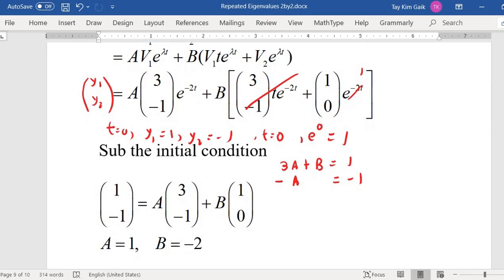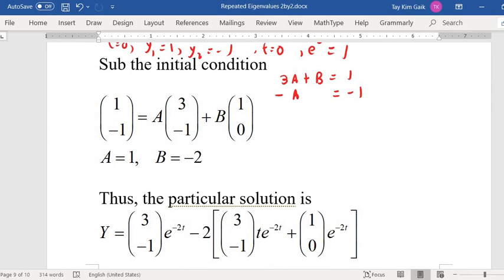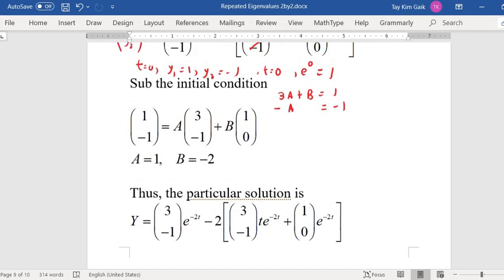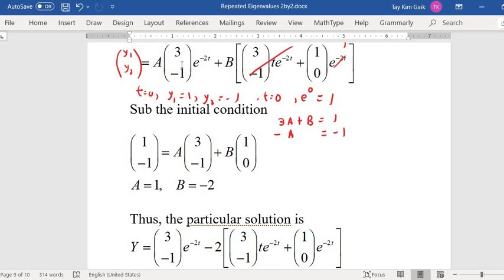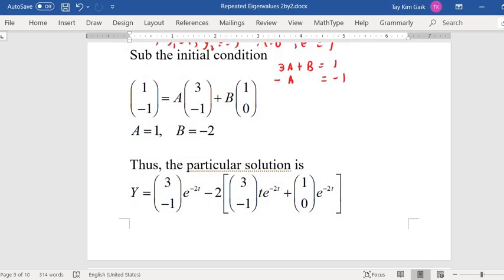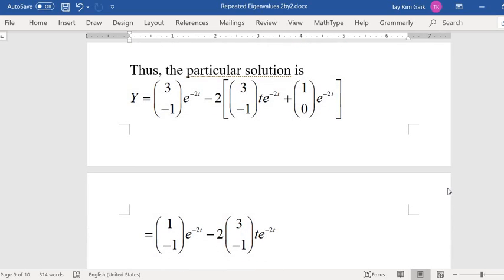So plug back the A and B here into the general solution: A is 1, B is negative 2. Or if you want to expand the solution, combine this term and this term together. So 3 minus 2 times, it's left 1 times exponent negative 2t for row 1.